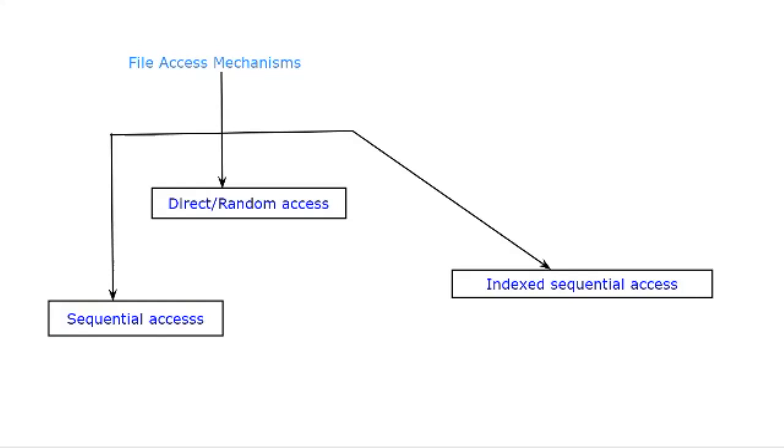Now what was the third one? The third one is indexed sequential access. This mechanism is built on the base of sequential access. An index is created for each file which contains pointers to various blocks.